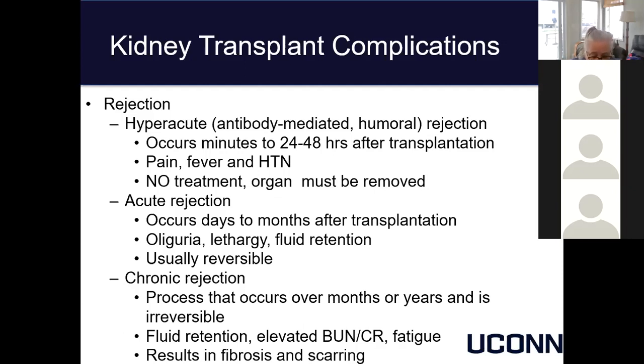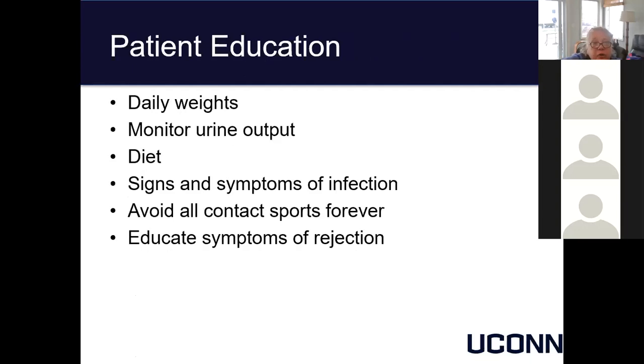People with chronic rejection do occasionally need repeat transplants as well, or renal replacement therapy again. But there are other people living with chronic rejection where it's enough renal function, the balance is okay, and they're making do, if you will.